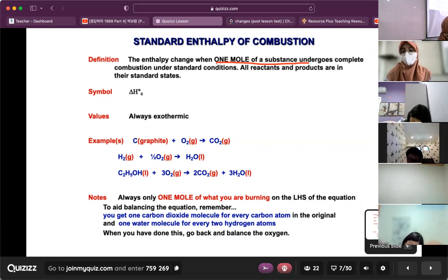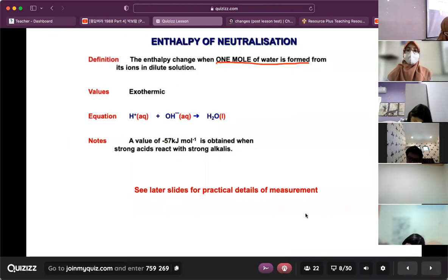It would mean your reaction is not occurring. As well as neutralization, the enthalpy change value is always negative. It's always exothermic. If you calculate enthalpy change of neutralization and you get a positive value, recalculate. Your answer must be wrong.